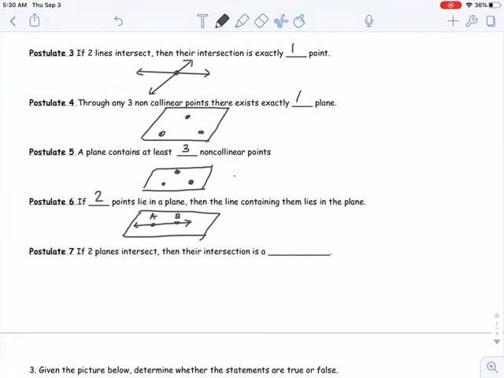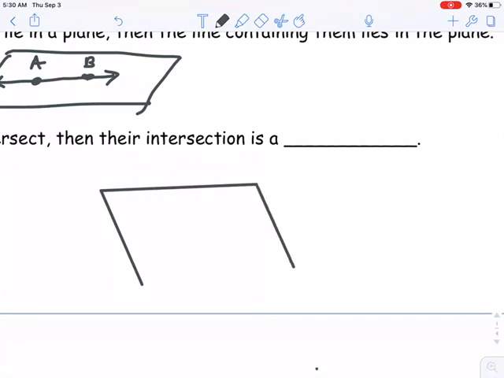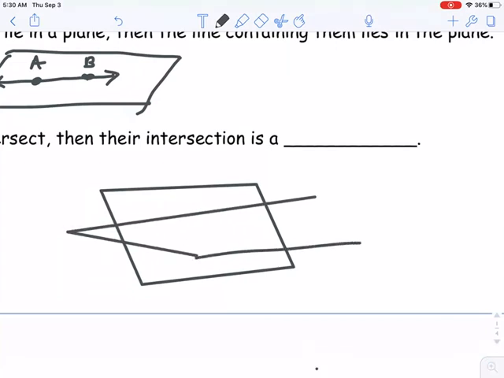Wow, so cool. And if 2 planes intersect, then their intersection is a line. I'll try really hard to draw the hard picture. I think this is going to go bad. Don't make fun of me. Yeah, this is going to go horrible. I think I salvaged it a little bit.